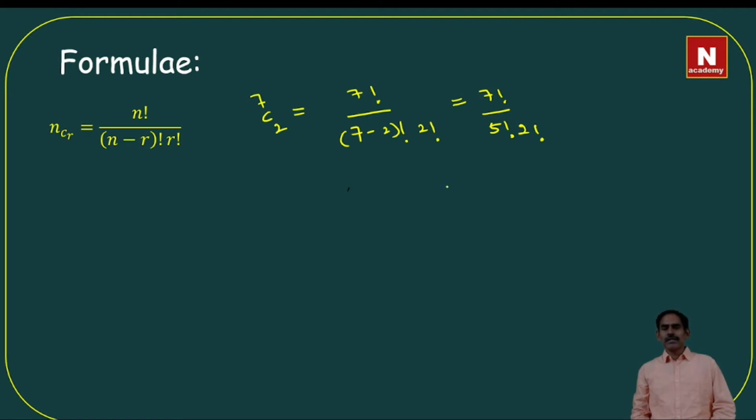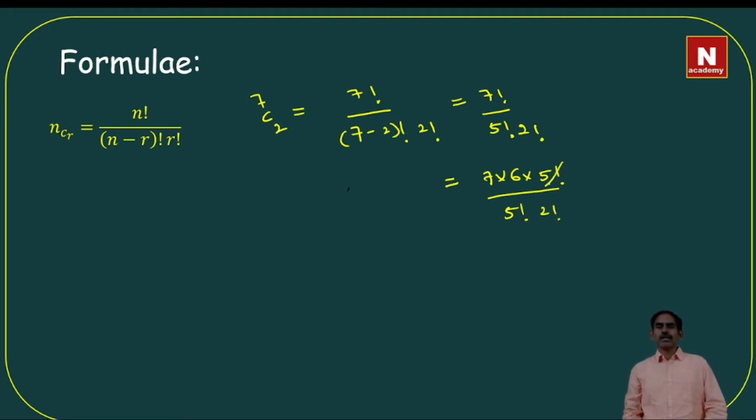Now this numerator 7 factorial can be written as 7 into 6 into the remaining 5 factorial. Actually 7 factorial means 1 to 7, the product of 7 natural numbers, but I am writing only 7, 6 and the remaining 5 factorial, divided by 5 factorial into 2 factorial.